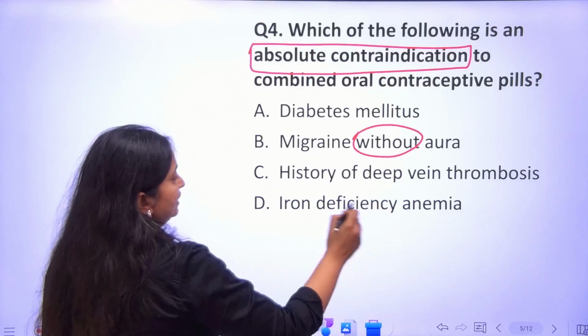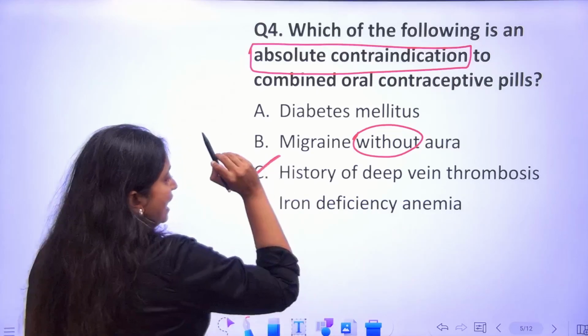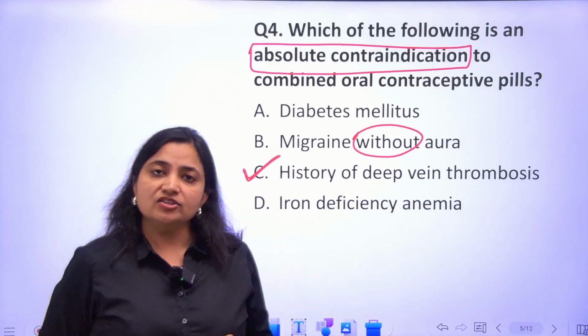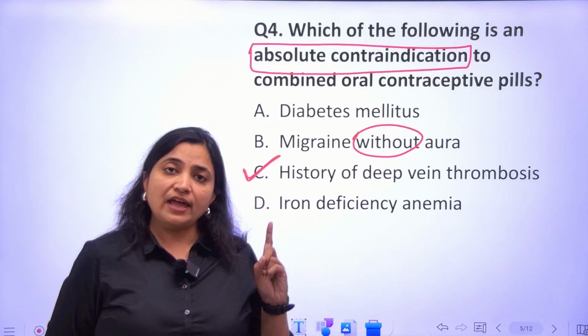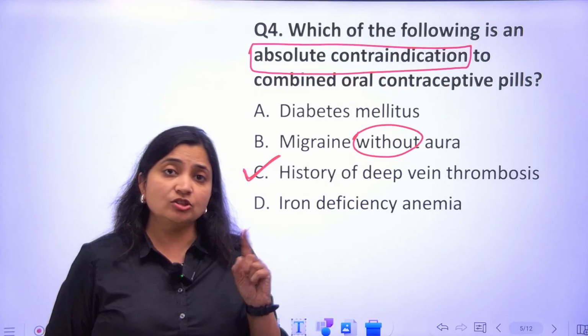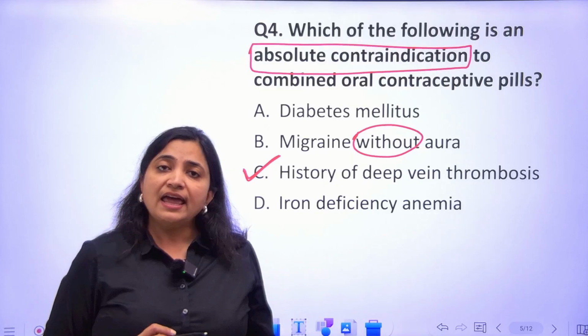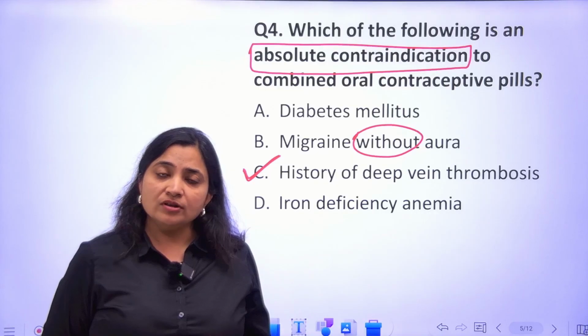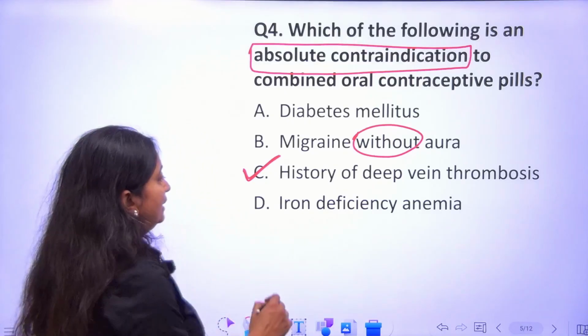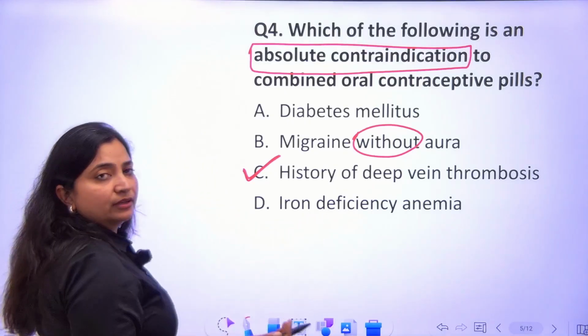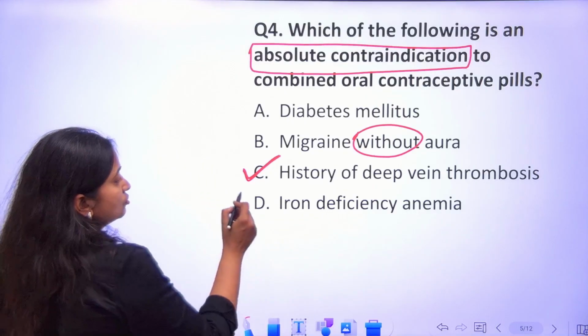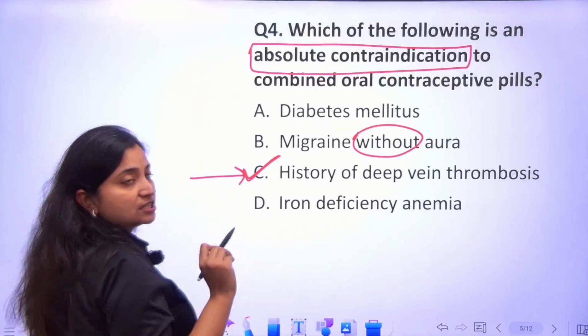History of DVT, yes, it is an absolute contraindication. I have told at that time also, any hormonal preparation, especially those containing estrogen, any history of venous thromboembolism is a big no-no. And iron deficiency anemia, no, it improves iron deficiency anemia. So our answer is C, history of DVT.